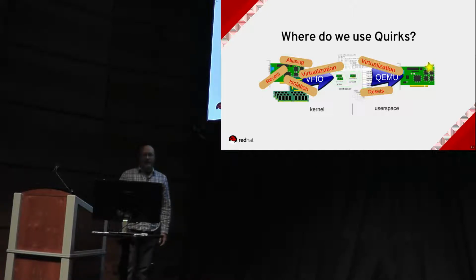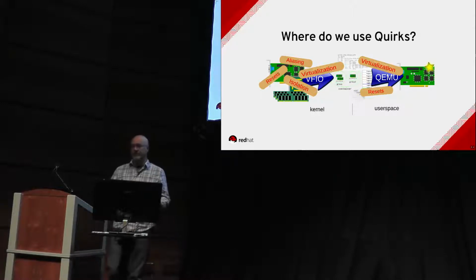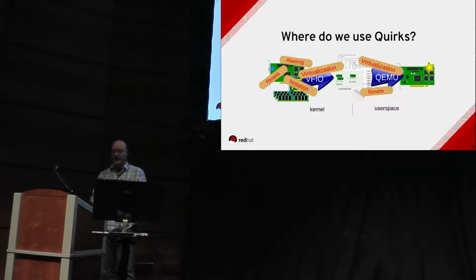Aliasing is also another issue related to the IOMMU: how does the IOMMU see the device? Does it use the correct requester ID? We've seen talks referring to the BDF, the bus device function number of devices. That's the requester ID and how the IOMMU selects the set of context tables that is used for that device. So we have quirks correcting issues with that.